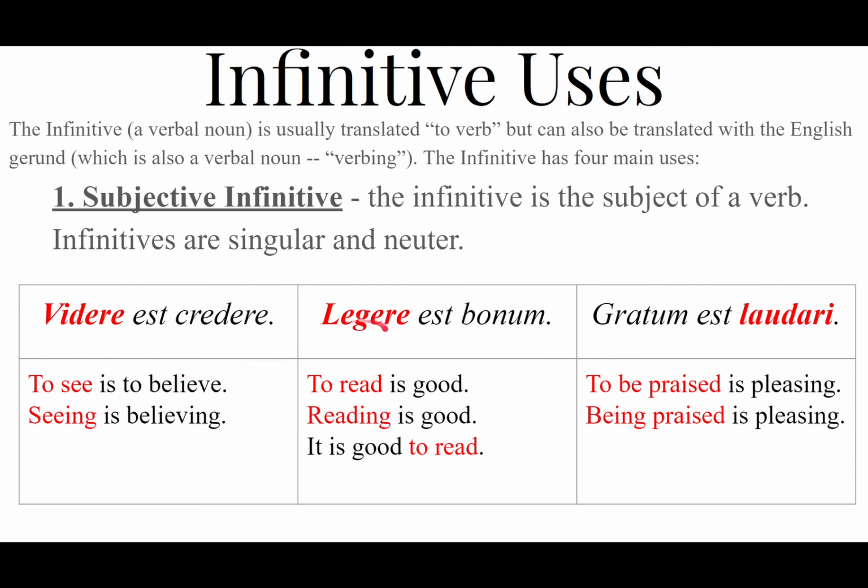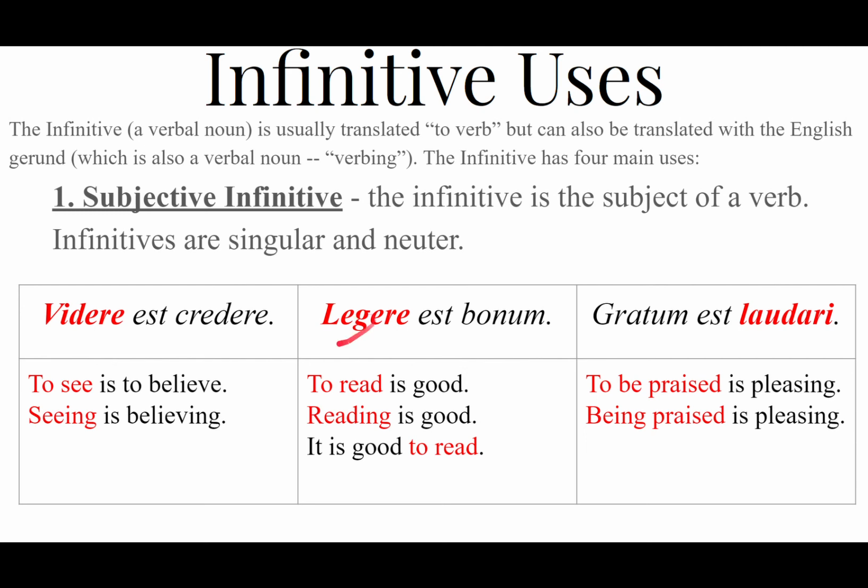If we have a subjective infinitive, where the infinitive is the subject of a verb, like est, legere est bonum, where bonum is an adjective, it's a predicate nominative. It's in the nominative case because it is the predicate of this linking verb. It's giving more information about the subject. Legere est bonum.